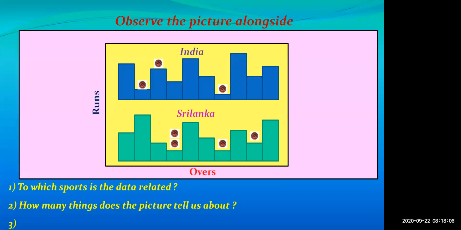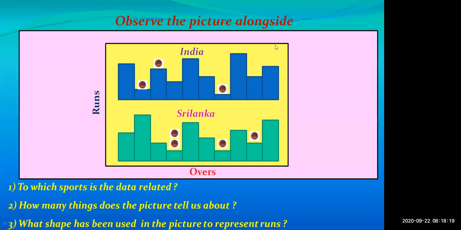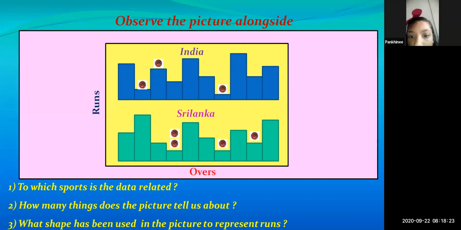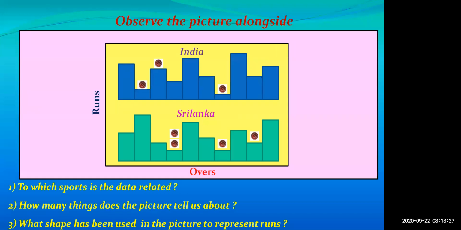Now, what is the third question here? See, what shape has been used in the picture to represent runs? Can you tell me which shape is used there to represent the runs? Yes, Sanjana, tell me the answer. Which shape? Sir, ball.